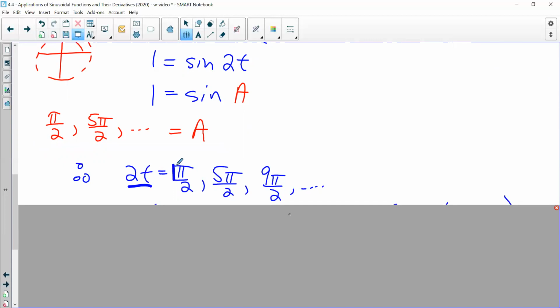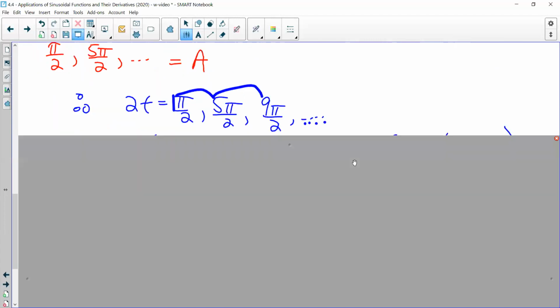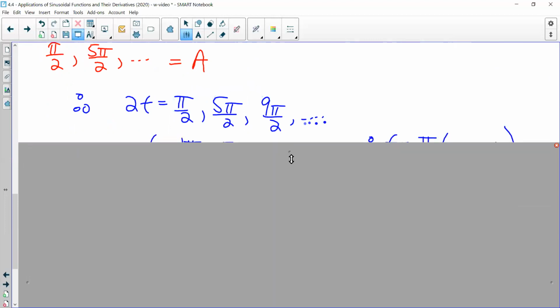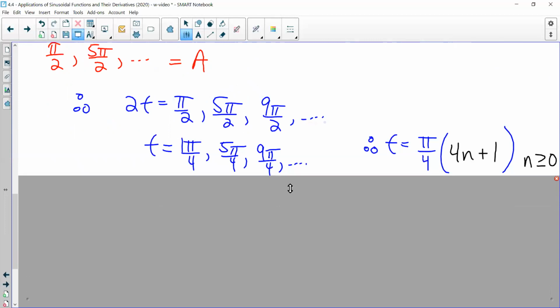So 1 pi by 2, 5 pi by 2, 9 pi by 2, and notice it must continue on forever because that's the nature of sinusoidal functions, right? And particles, when they move back and forth, they just keep going on forever and ever. So again, divide everything by 2 or multiply by 1/2 to get your actual pattern. You're looking for an algebraic expression for the 1, 5, and the 9.